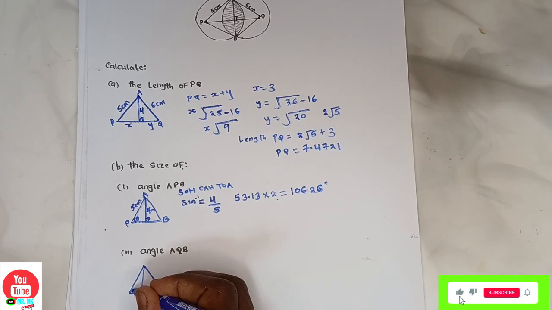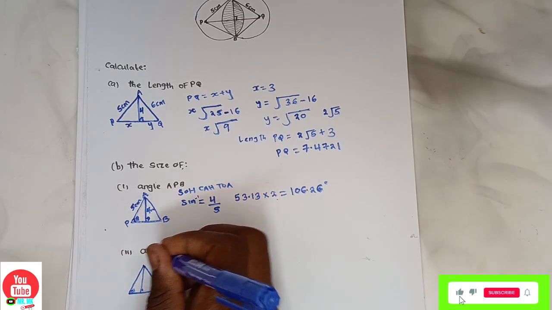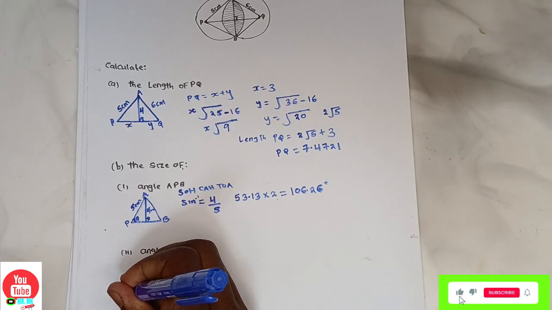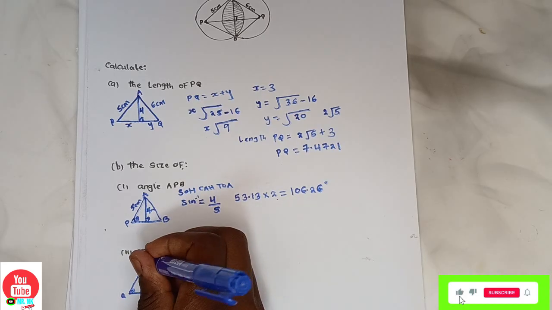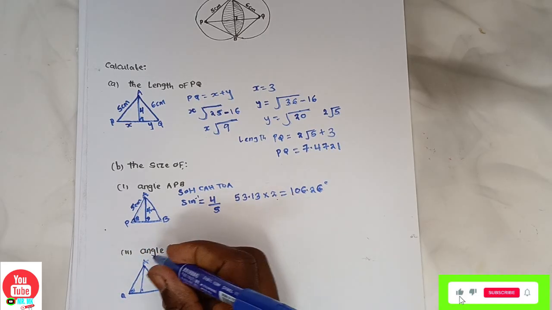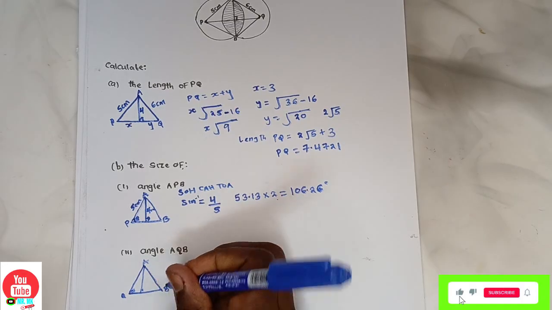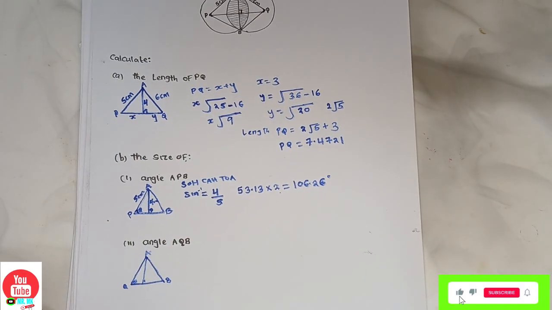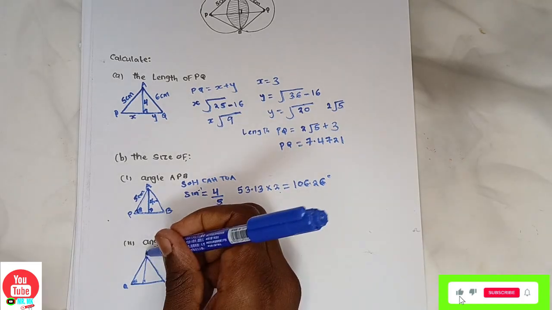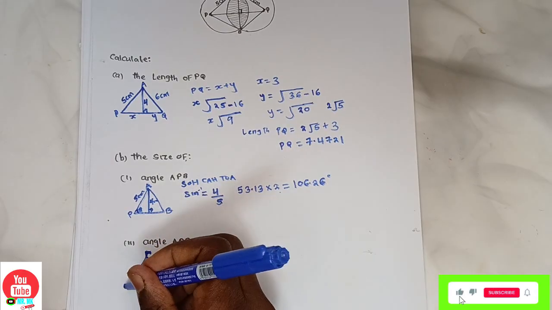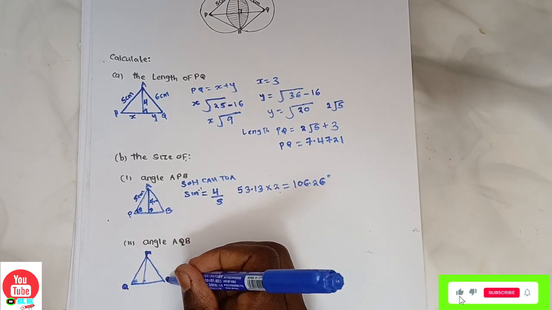Here we have theta, here we have the angle. This one is Q, this one is A, and this one is B. This one is P. We have A, Q, and P.